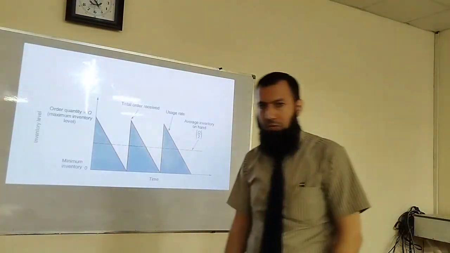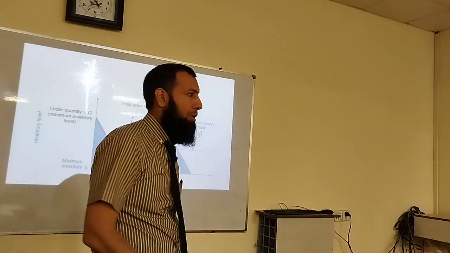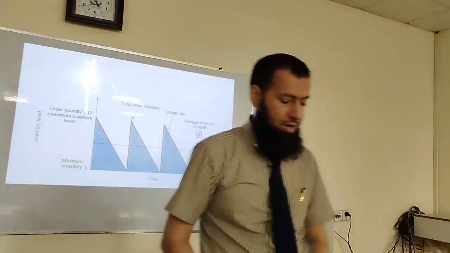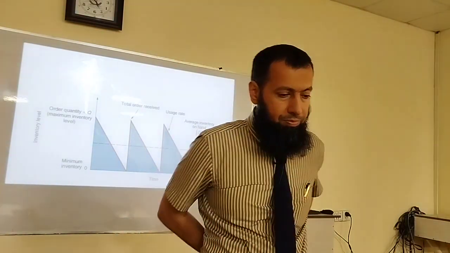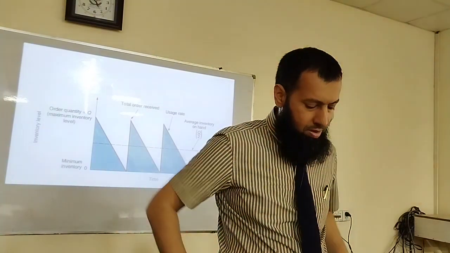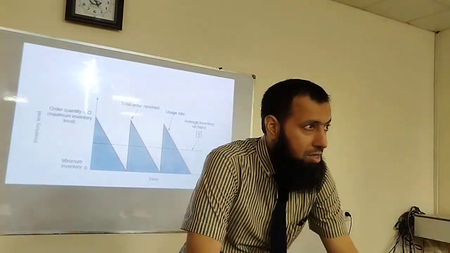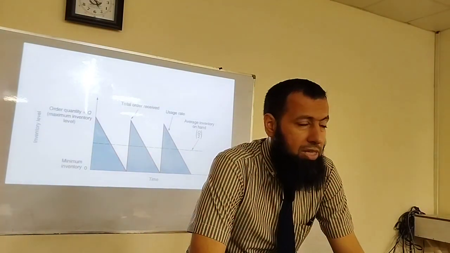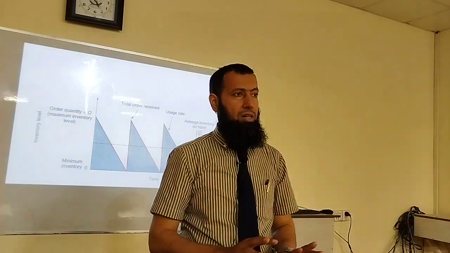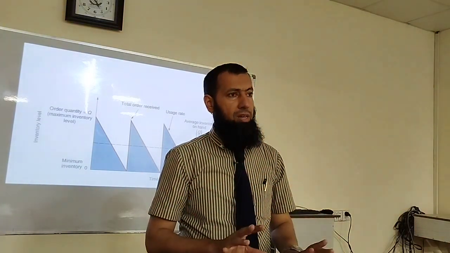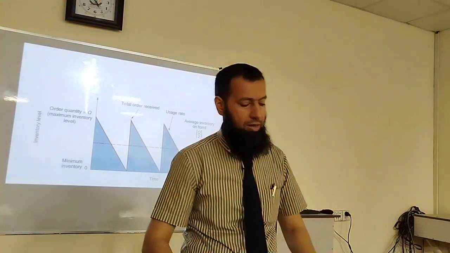These are the assumptions of EOQ, the economic order quantity model. Demand of an item is known. What does that mean? It means you know the demand for certain. You are not unclear about the demand. Demand is certain.